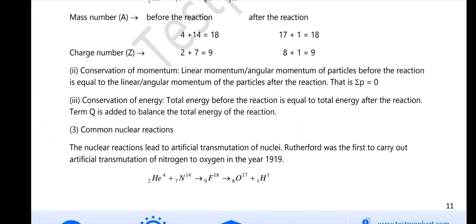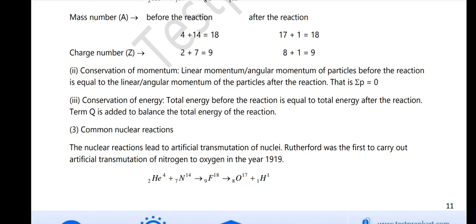Next is common nuclear reaction. The nuclear reaction that leads to artificial transmutation of nuclei is called a common nuclear reaction. Rutherford was the first scientist to carry out the artificial transmutation of nitrogen to oxygen in the year 1919.